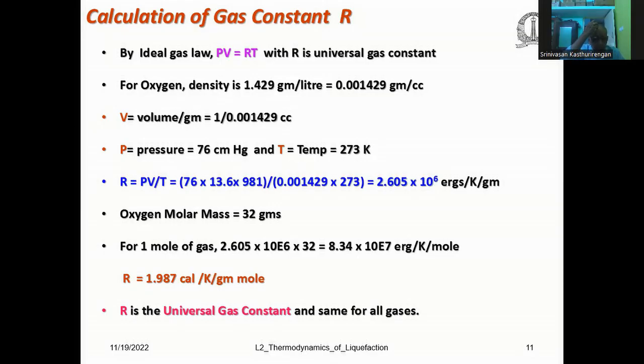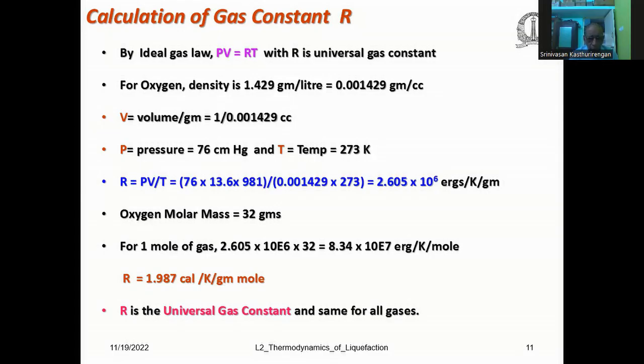Pressure will be 76 centimeters of mercury, and temperature is 273 Kelvin. So R can be written as PV by T. Then we can write 76 into 13.6 into 981 divided by 0.001429 into 273, which is 2.605 into 10 to the power 6. The units will be ergs per Kelvin per gram.